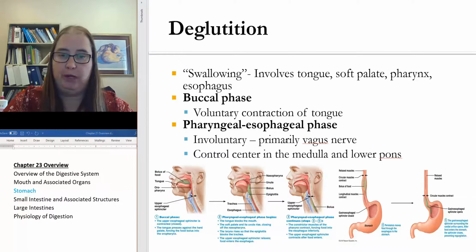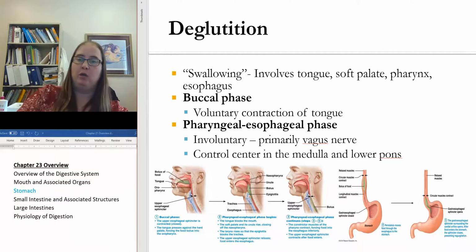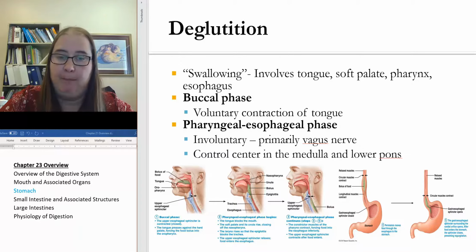During chewing, you're sitting there chewing. This is the buccal phase. Eventually, you're going to form that bolus, and you're going to push your tongue towards the superior, towards the roof of your mouth against the hard palate, and it will start to move that bolus towards the posterior, towards the oropharynx of the oral cavity.